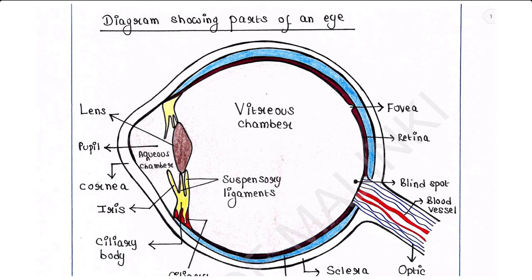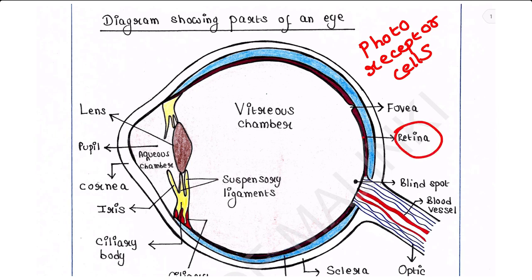So in the last lecture, we have studied the detailed structure of the eye. Hope you have enjoyed the lecture. Now we will talk about the mechanism of vision, or how we can see. In the structure of the eye, we have seen that photoreceptor cells, which are actually responsible for image formation, are located in the retina.